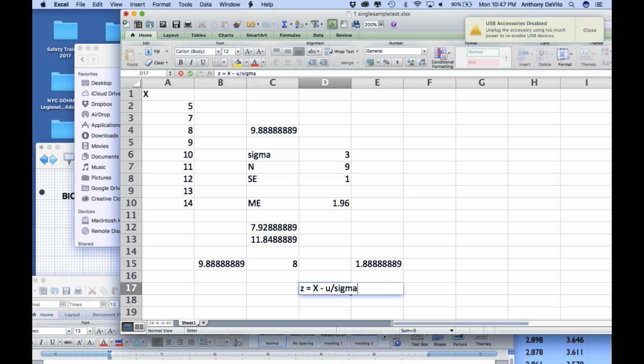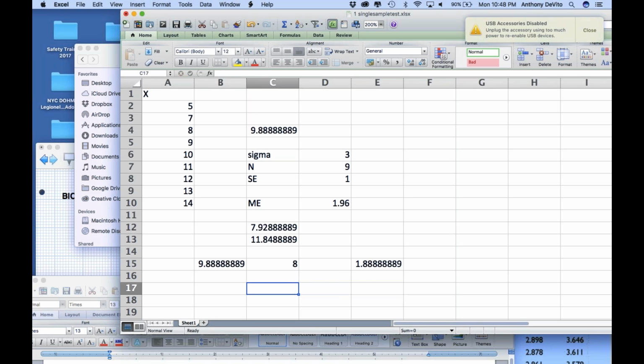We have all that. We have the difference, x minus mu, divided by sigma. But sigma in this case is our standard error because we're dealing with a sample. That would be for a population.